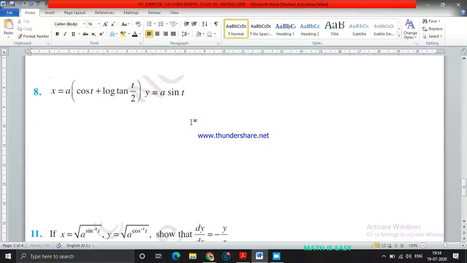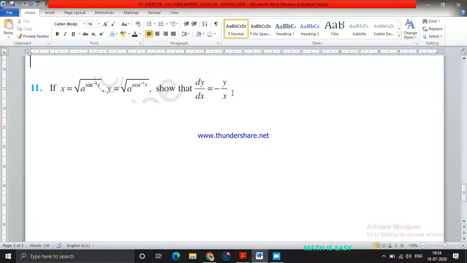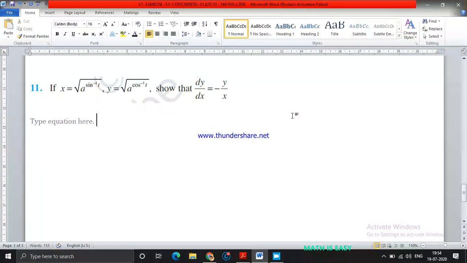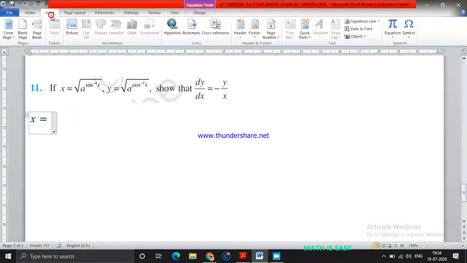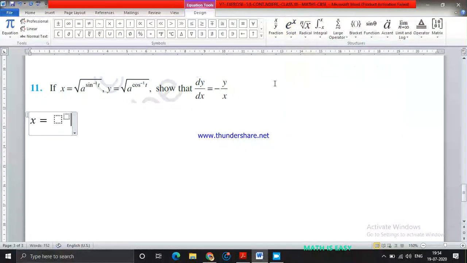Is there any question left out? Yeah, the 11th question is left out. We have to show that the answer is minus y by something; the answer is also given here. So what you can do is, before I differentiate, let me rewrite the term here. This you can put as a bracket.